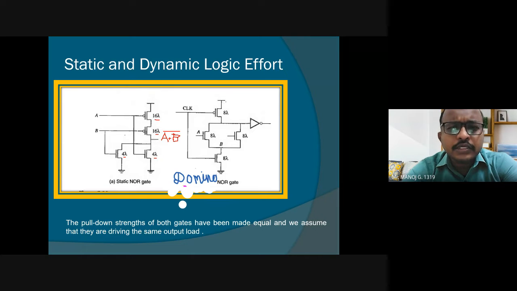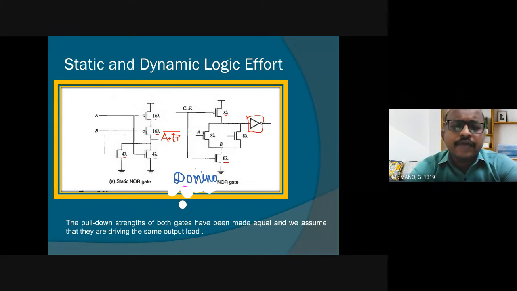In the dynamic case, for dynamic logical effort, you have 8 lambda and 4 lambda and 8 lambda. But you see, there is an extra inverter circuit employed. This is the dynamic effect. This is how they are categorized with respect to logical effort.